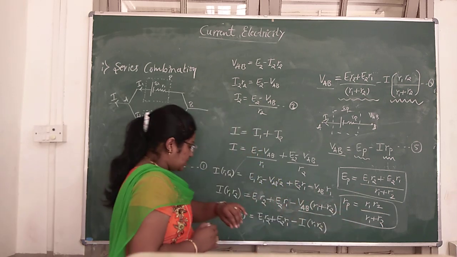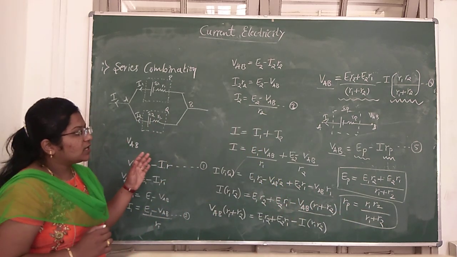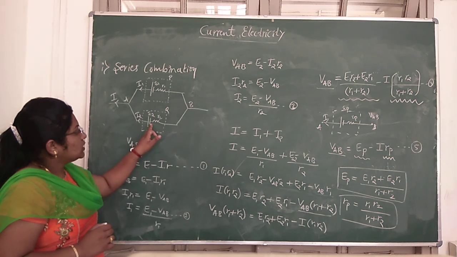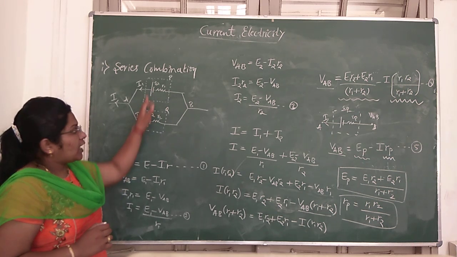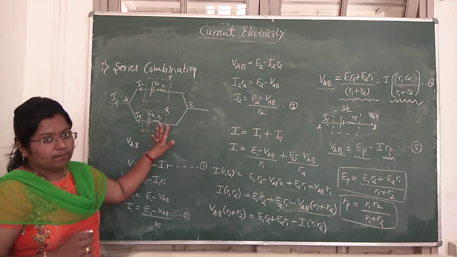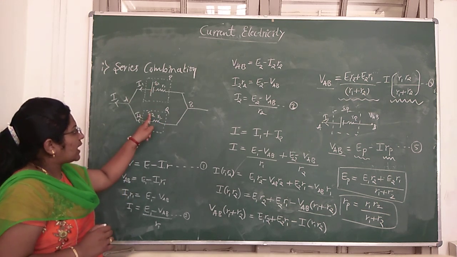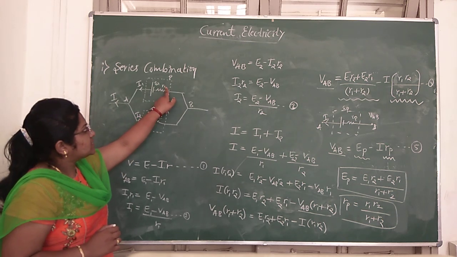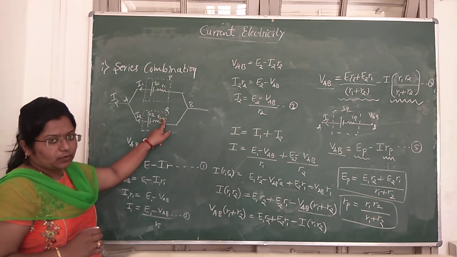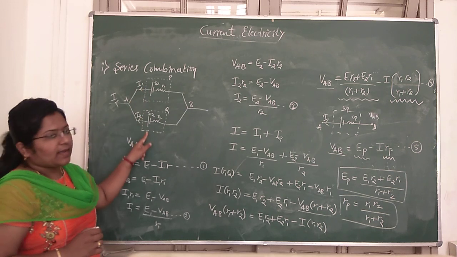Okay, let me revise this once again. What we have done here is, we have considered two cells P and Q combined in a parallel pattern. These two cells have EMFs E1 and E2, and internal resistances R1 and R2. Hence it is a parallel combination.